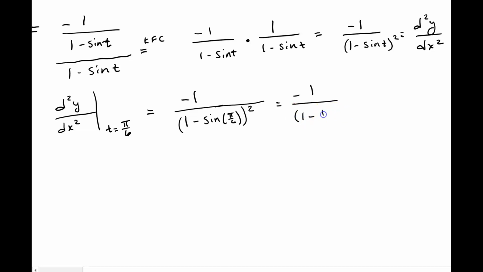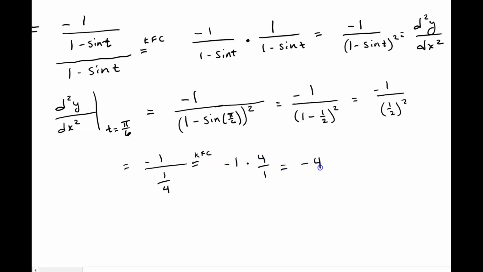So that's negative 1 over 1 minus 1/2 squared, which is a negative 1 over 1/2 squared, which is a negative 1 over 1 over 4. Again we have to remember KFC: keep, flip, change. We get a negative 1 times 4 over 1, which is just a negative 4 as our final answer.